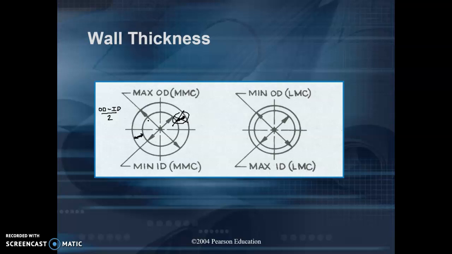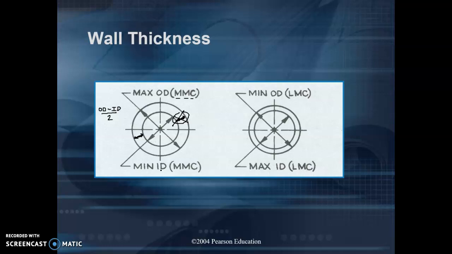Now when tolerances come into play, if we are at MMC, that means maximum material condition, the outside diameter gets larger at MMC because this pipe is made of solid material, and if there's more of it, then the outside diameter is going to get larger. It also means that the inside diameter is going to get smaller.